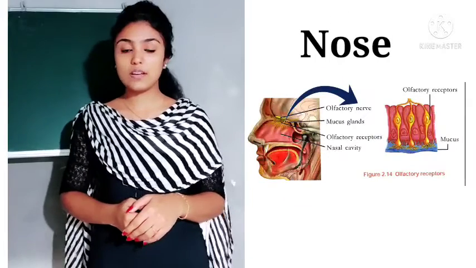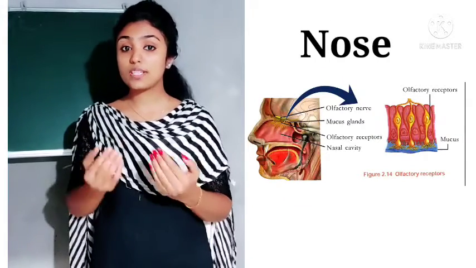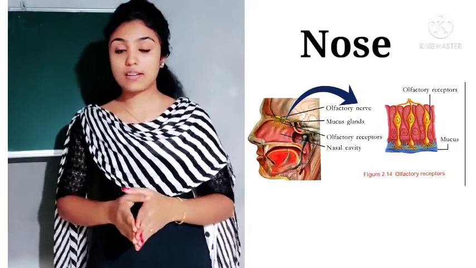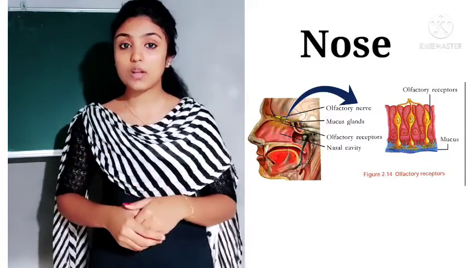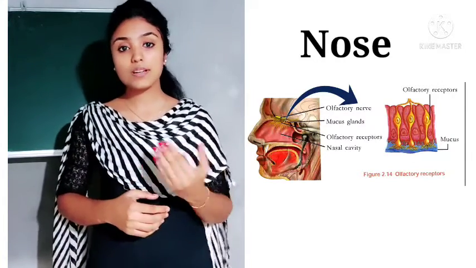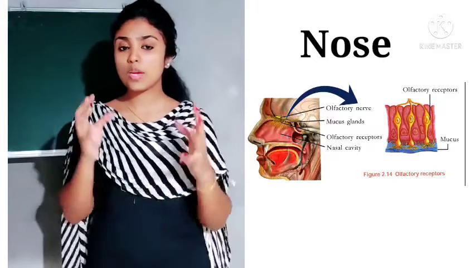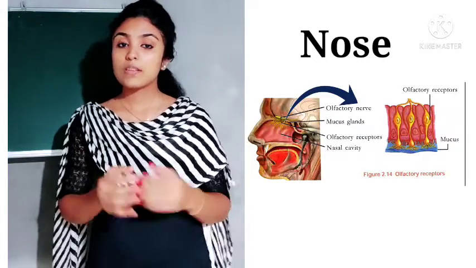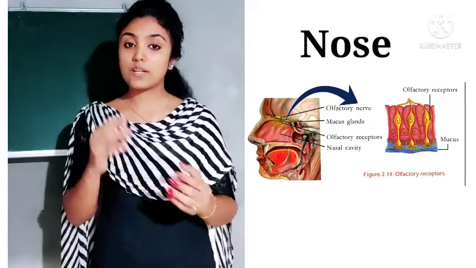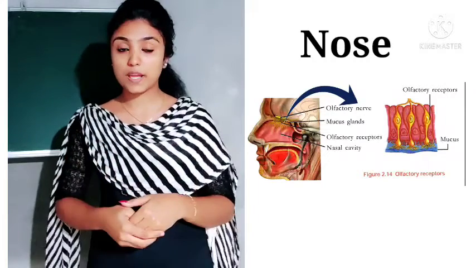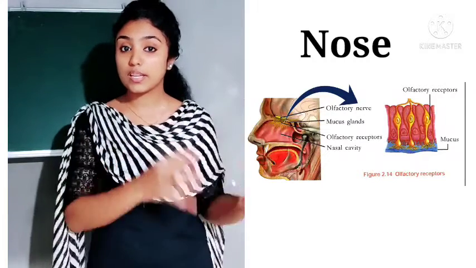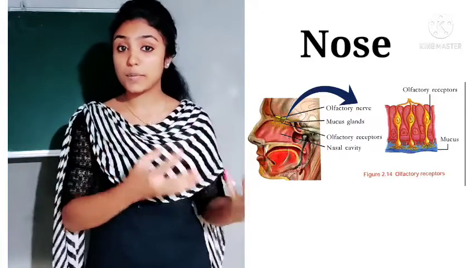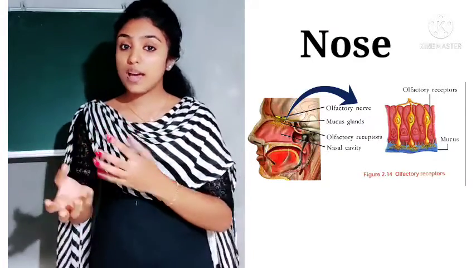Now we shall learn how we are able to sense smell using our nose. We already studied that the receptors associated with the nose are olfactory receptors. So how are we able to sense smell with the help of our nose? The aromatic particles, for example, if we are using a body spray or if something is cooking in the kitchen, the aromatic particles of the spray or the food material mix with the air.